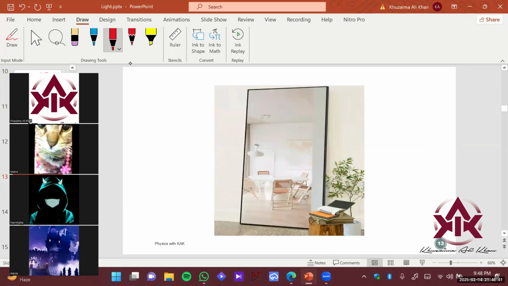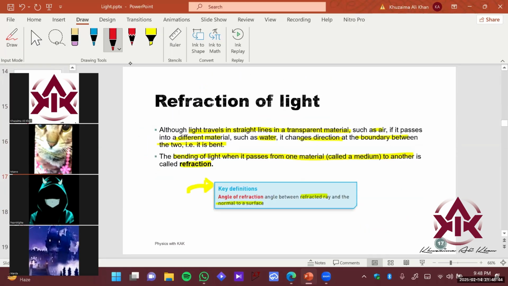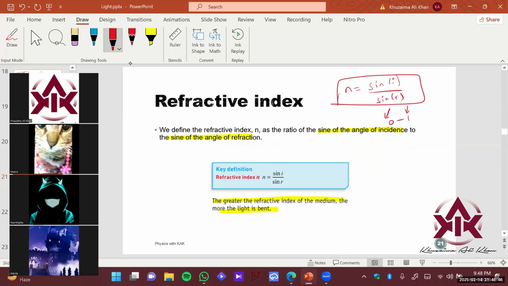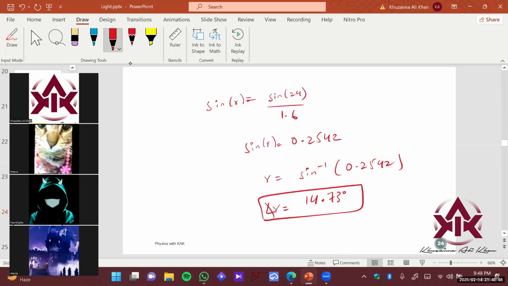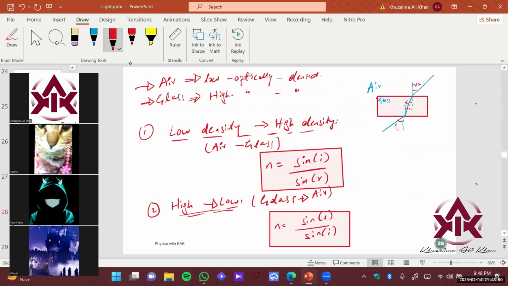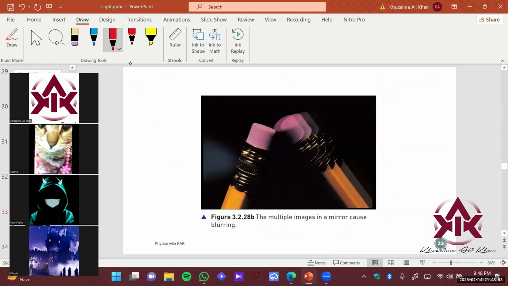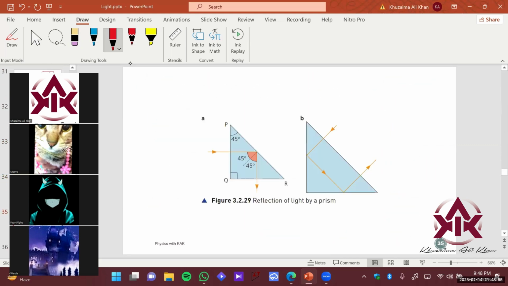But if you have a right angle triangular prism over here like this, okay, if you have a right angle prism here, the critical angle for this prism is basically around 42 degrees, right?